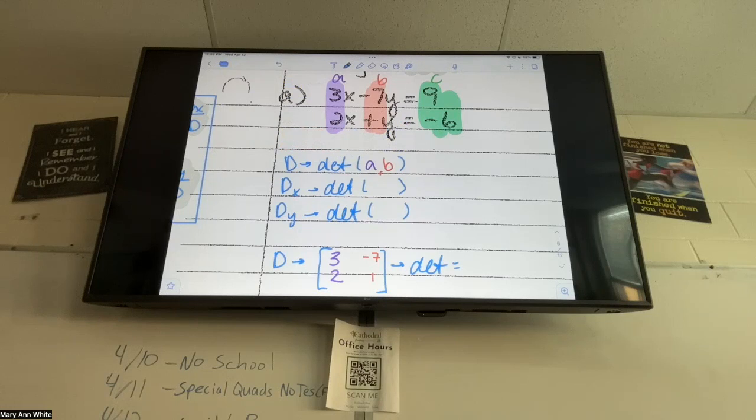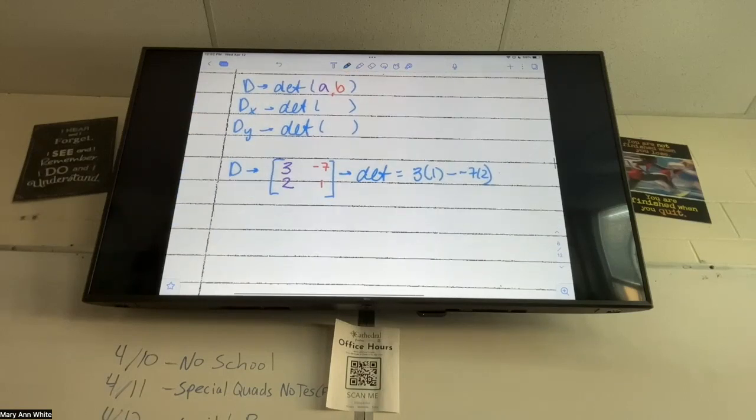If you remember, the determinant is A times D minus B times C, so 3 times 1 minus -7 times 2. 3 times 1 is 3, minus a negative becomes a plus, so 7 times 2 is 14. And so my D is going to be 3 plus 14, which is 17. I'm going to write that up here where D is. D is 17.